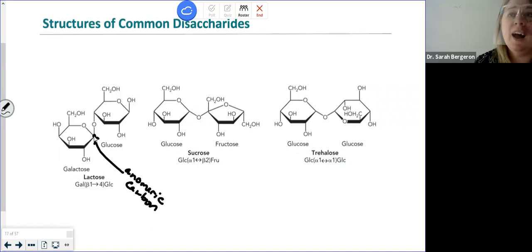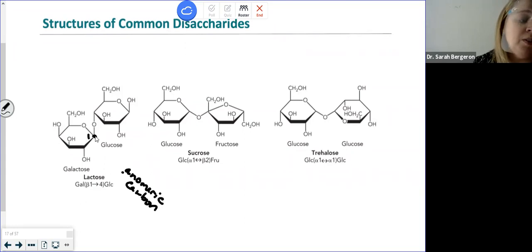Now, I have to look, is there a carbon attached to the anomeric carbon that's outside of the ring? No, right? So this would be an aldehyde. This came from an aldehyde, not from a ketone. If it came from a ketone, that carbon would come down, it would be like CH2OH. This would be carbon number 1. You have to give that carbon number 1. But in this case, because there is no carbon outside of the ring attached to my anomeric carbon, the anomeric carbon gets to be number 1.